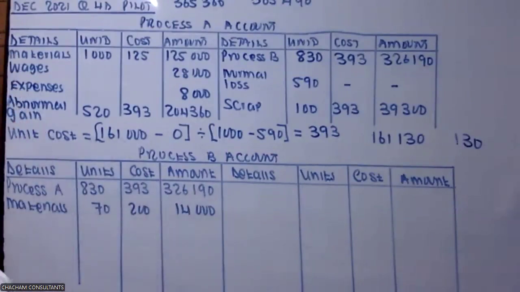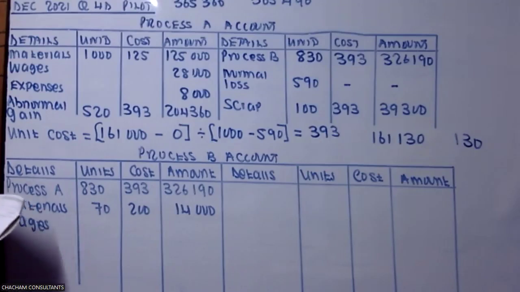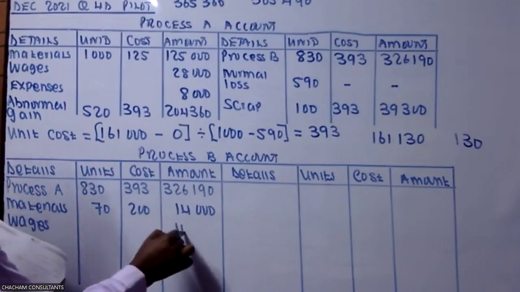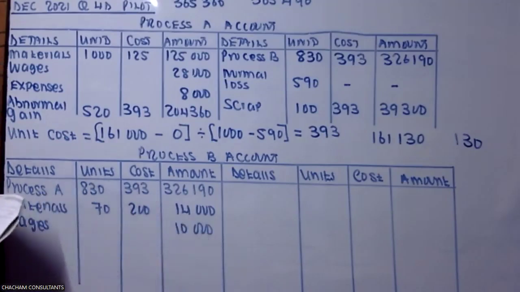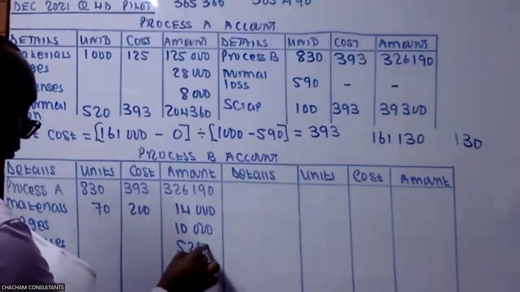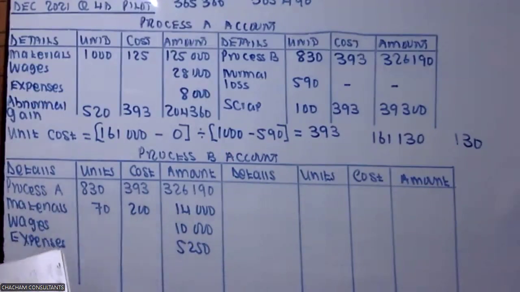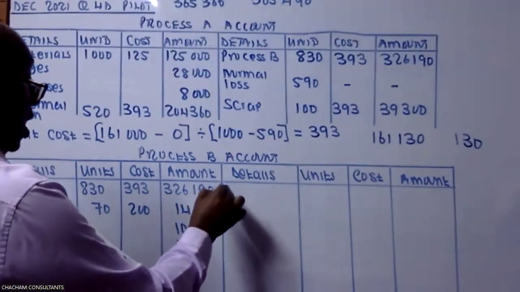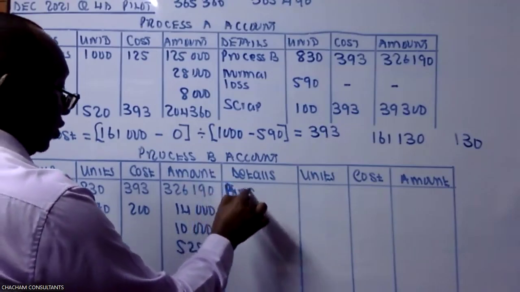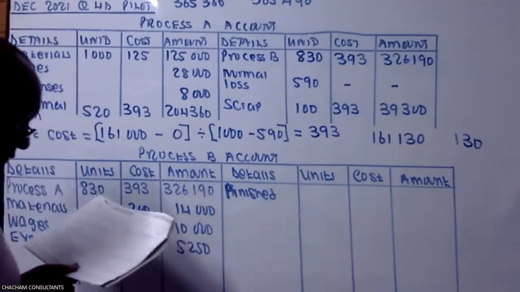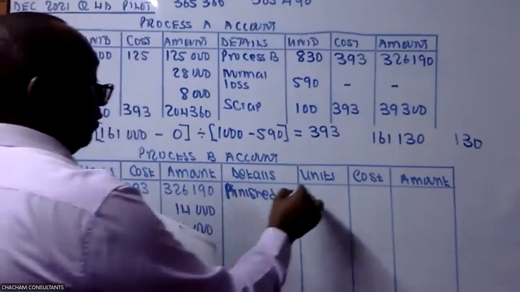Then the next one is wages. So wages, we have 10,000. Direct expenses is 5,250. And then the output, we have finished goods of 780.